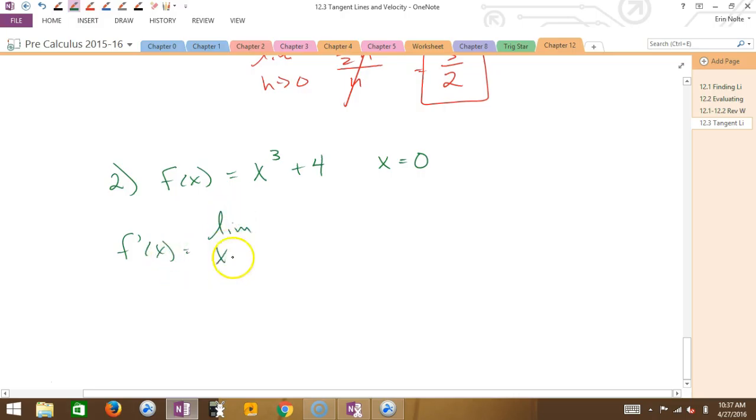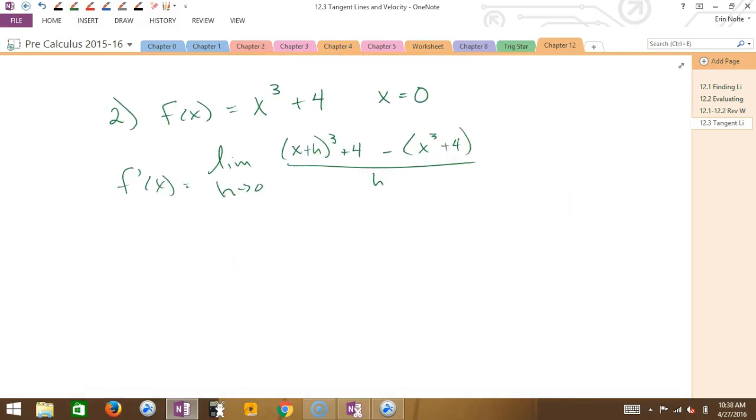The limit as h approaches 0. I plug in x plus h into the x plus 4, minus my function, all over h. Ready to FOIL? x plus h cubed. You guys remember Pascal's triangle? It's a good thing I do.